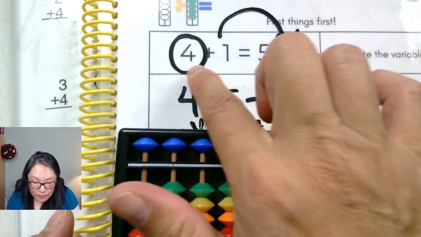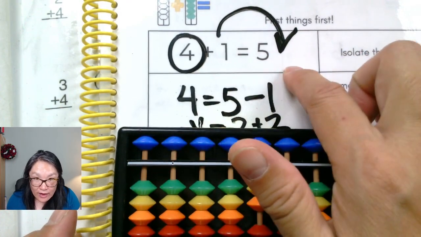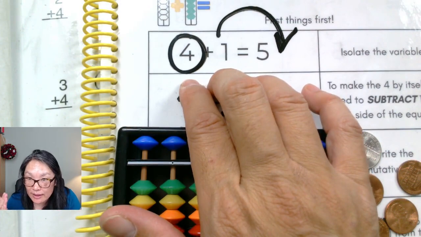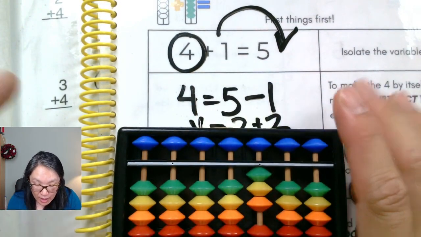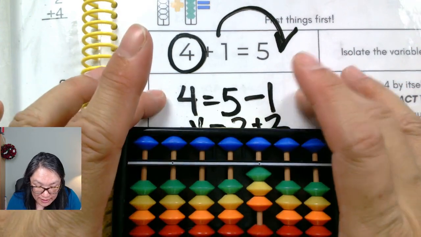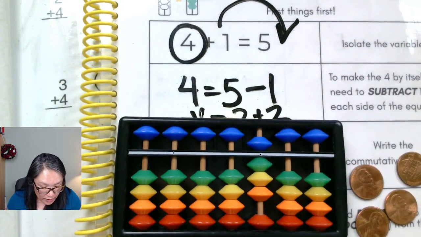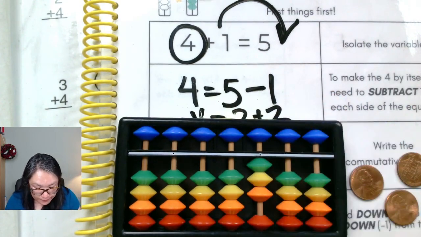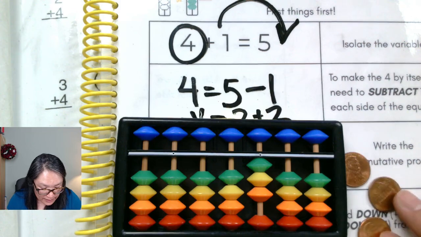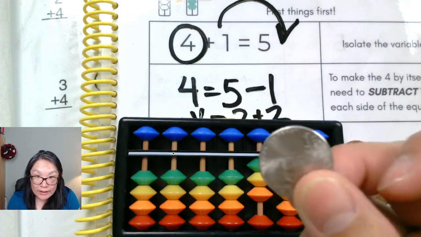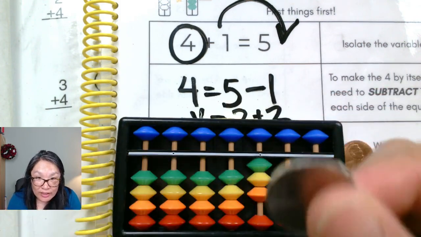We have this concept, 4 plus 1 is equal to 5. But what we're going to do is we're going to level it up. In abacus world, we're going to level it up, and we're going to utilize the 5. To utilize the 5, I'm going to add the 1. So here's the question. If I have 3 pennies, but I want to add 4, notice though, I only have 1 nickel.